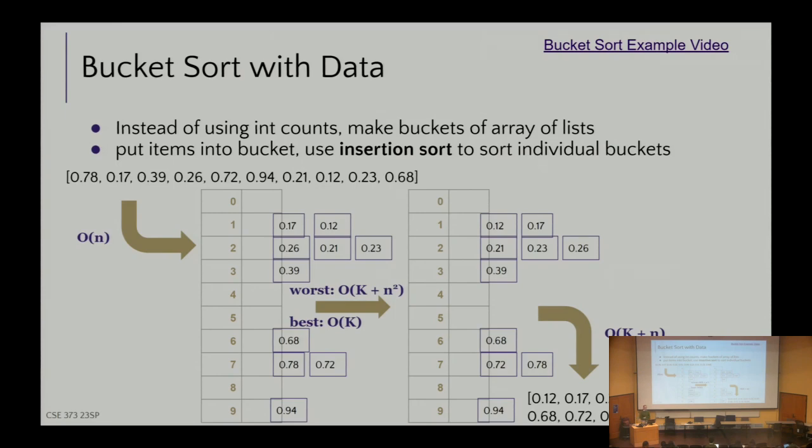Insertion sort's the one where if your thing's already sorted, it just loops over it one time and does nothing. That's why we're going to use insertion sort for the sub-bucket sorting, because this could give us a best case scenario of O of K, where all the buckets just naturally are already in sorted order. And because we're assuming that the buckets are pretty small, the chances that they're close to sorted is pretty high.